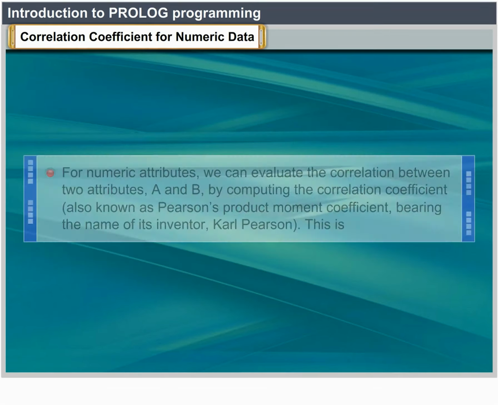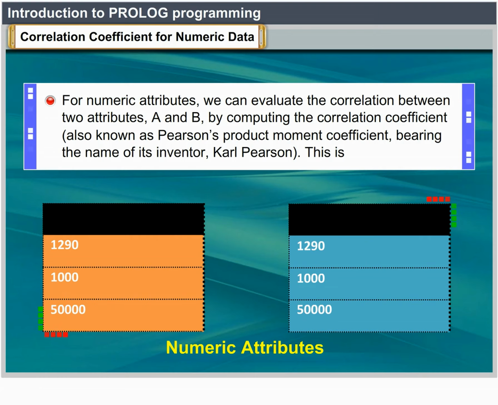For numeric attributes, we can evaluate the correlation between two attributes A and B by computing the correlation coefficient, also known as Pearson's product moment coefficient, named after its inventor Karl Pearson.